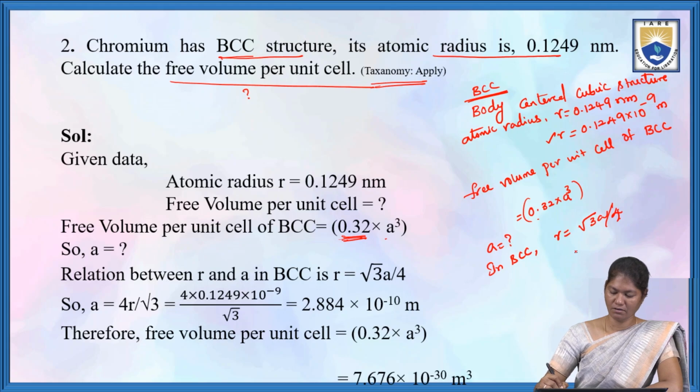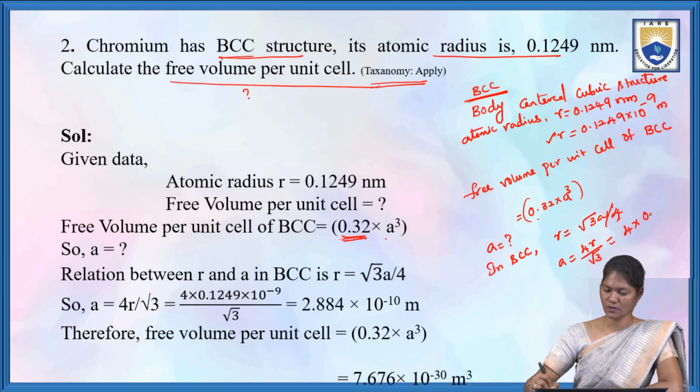So here A is equal to 4R by root 3. Substitute R as 0.1249 into 10 power minus 9, multiplied by 4 and divided by root 3. So this value becomes 2.884 into 10 power minus 10 meters. So this is the A value, the lattice parameter.